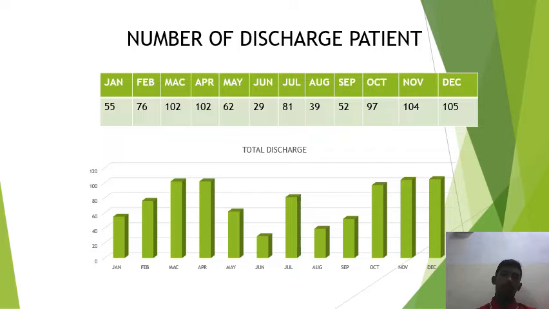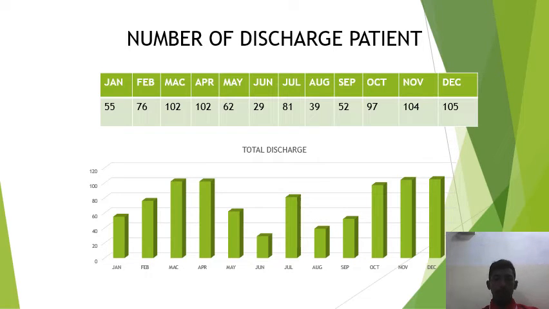Okay, for number of discharge patients, in January, the number of discharged patients was about 55 people for 1 month. Okay, it increased to 76 in February and 102 people in March and April.